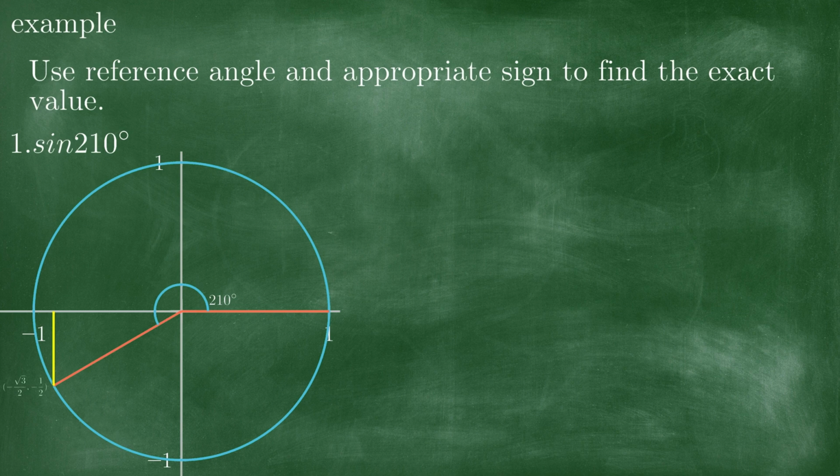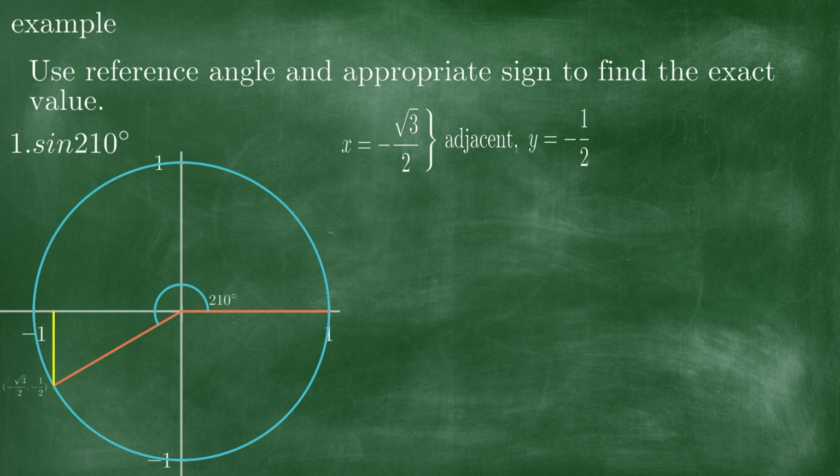So based on our previous discussion, the coordinate of 210 degrees is equal to the negative square root of 3 over 2 and negative 1/2. Our x-coordinate here is equal to the negative square root of 3 over 2, which means that this is the length of our adjacent side.